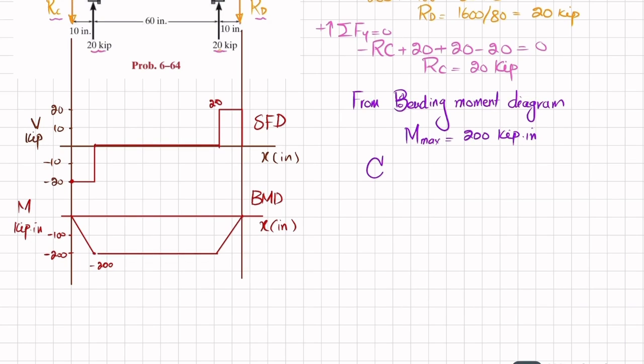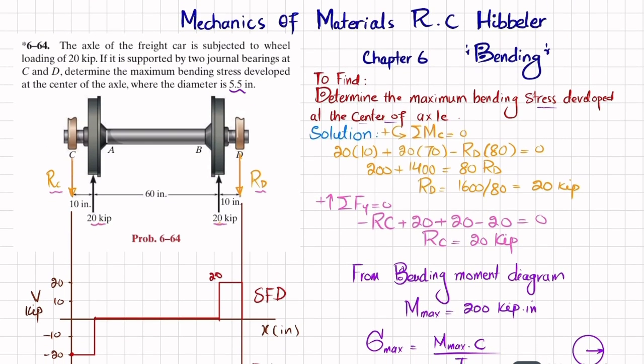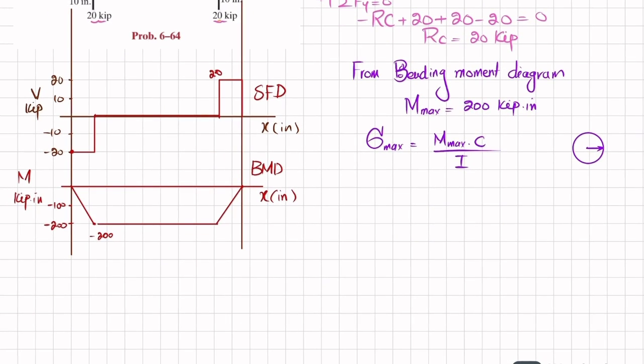So we know that maximum bending stress is equal to maximum bending moment into C divided by I. C, because this shaft is circular and the diameter is given, so we'll find C, the radius. The diameter is 5.5 inch, so radius C will be equal to D divided by 2, 5.5 divided by 2 inch.